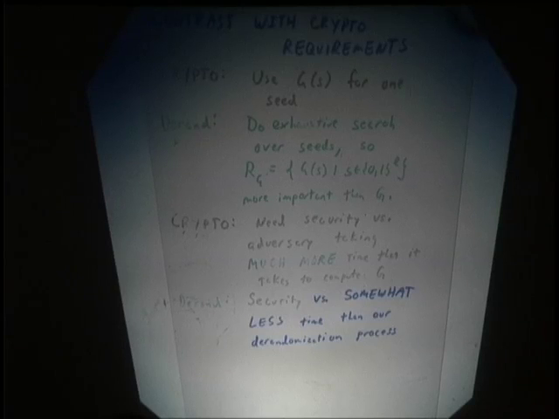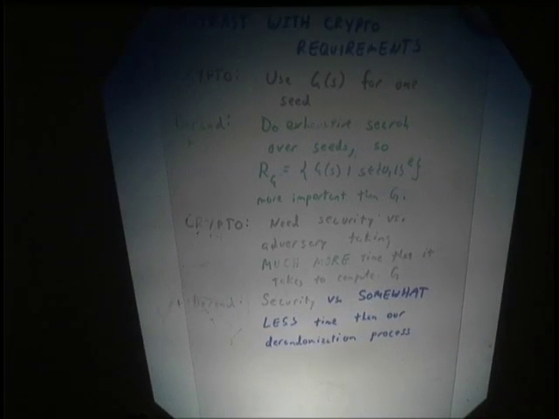Another thing is that in cryptography, the good people are using this randomness in a way that takes very little time, and yet we have to be secure against an attacker who could take potentially quite a bit more time. So maybe our protocols are linear time, but we need to be secure against an attacker that's taking n to the 100th time. In de-randomization, it works in our favor.